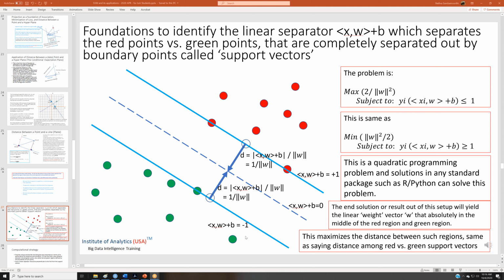A, B, C I showed you earlier, the distance between a point and a line, Ax plus By plus C equals 0. That is what is inside this W vector. Inside this W, are you able to see this?